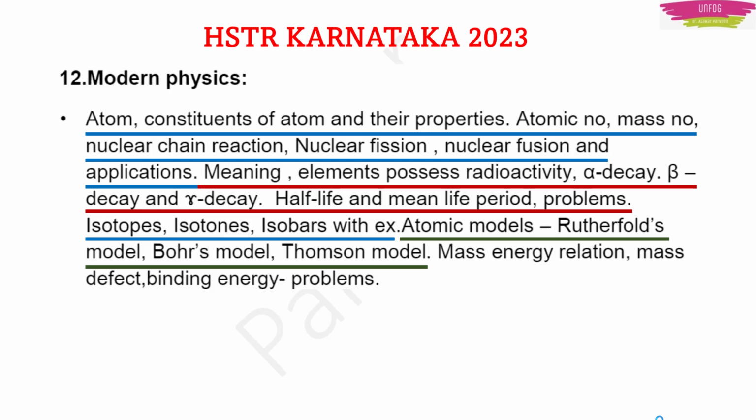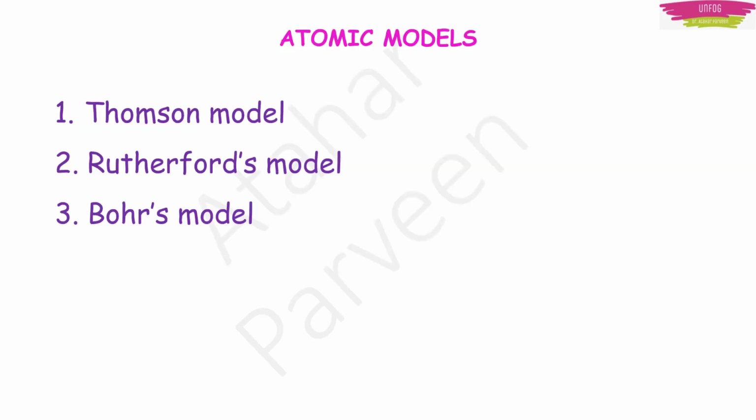Okay, so let us start with the atomic models. First of all, see here, they have not given the atomic models in order. This is not the actual chronological order. The actual chronological order of these models is this: Thomson's model was the first model, then Rutherford came up with his model, and then Niels Bohr came up with his model.